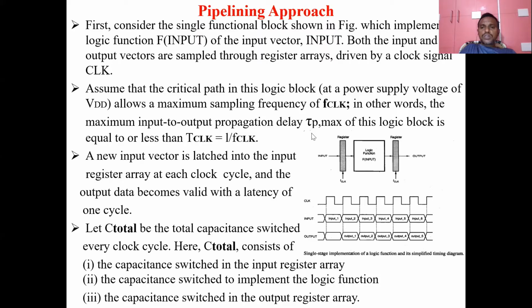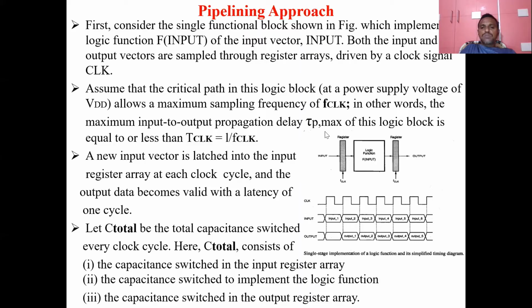What is the propagation delay in terms of this circuit? The time taken by the input vector to reach the output, or to propagate to the output, is called the propagation delay.